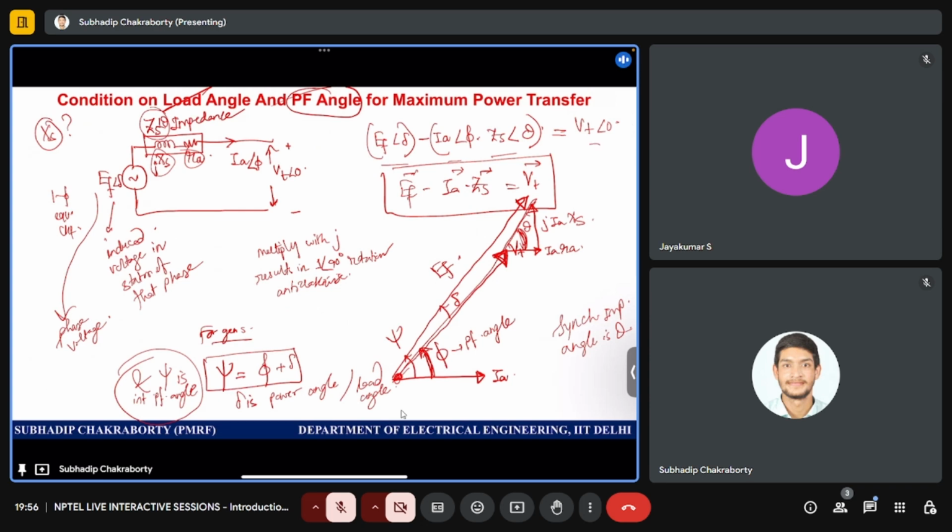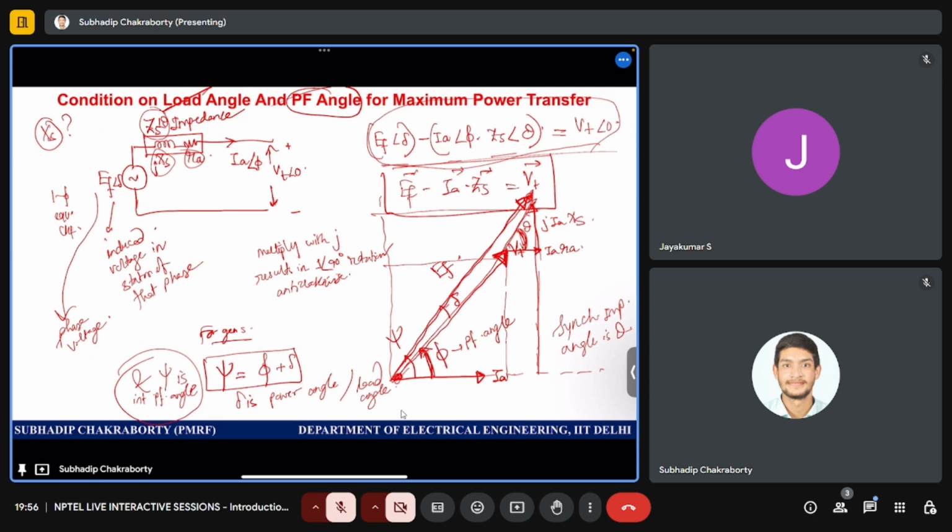Either you can do it like this, or we have a formula. By resolving these components, you get a very easy formula and can solve it directly. So what is the formula? See, EF cos psi. Where is it? This is EF, this line.